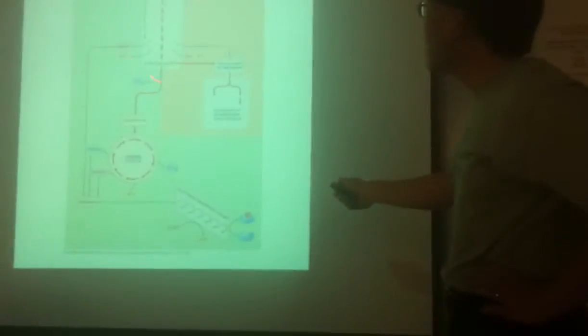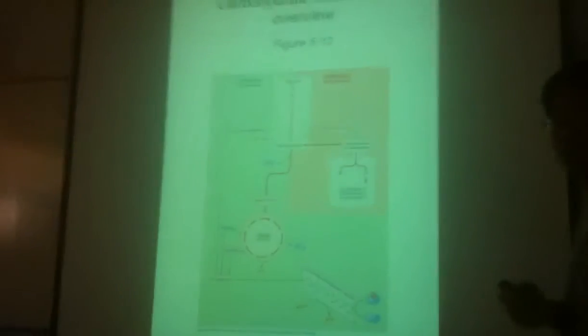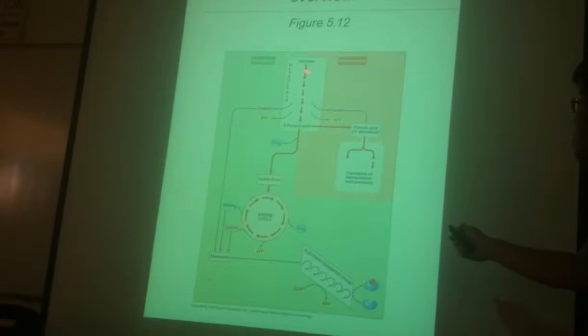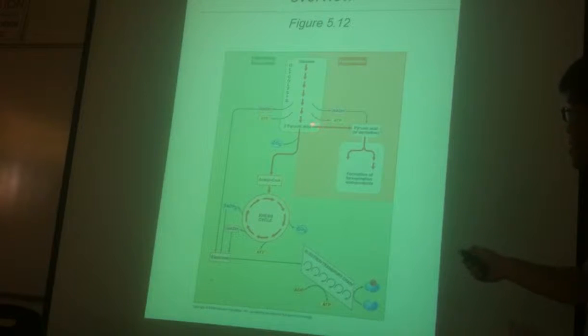We've talked about glycolysis. Now remember the important part of this is to know what goes in and what comes out. So glucose goes in. We get out pyruvic acid. So again, glucose has how many carbons? 6, right? Pyruvic acid has how many carbons? 3.